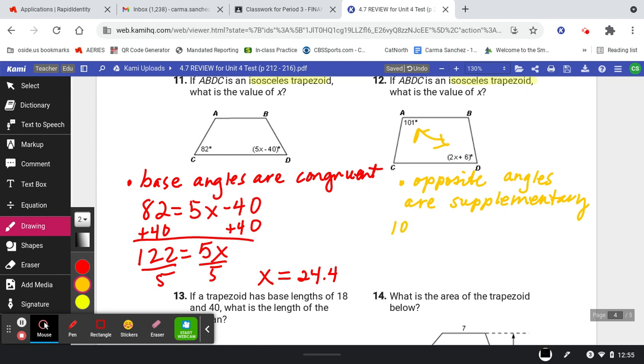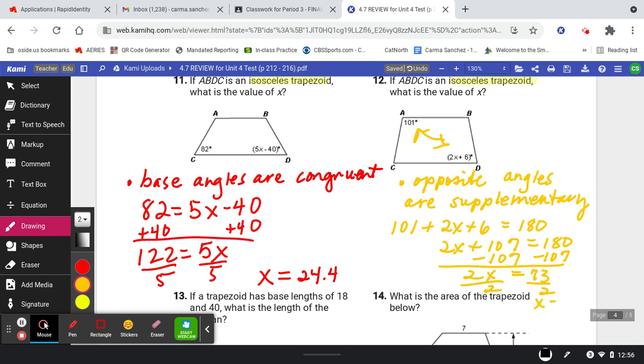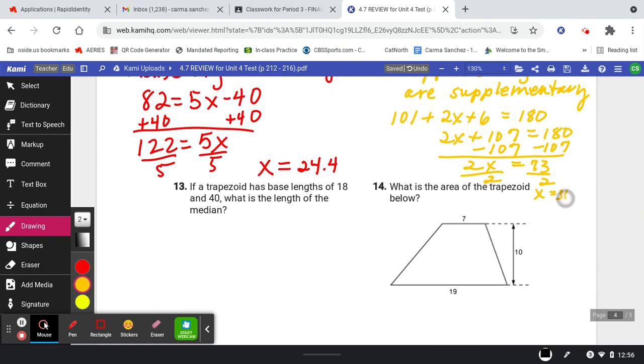So that means that 101 plus 2x plus 6 equals 180. So do 180 minus 107, and then divide that by 2. I got 36.5. How'd you do?